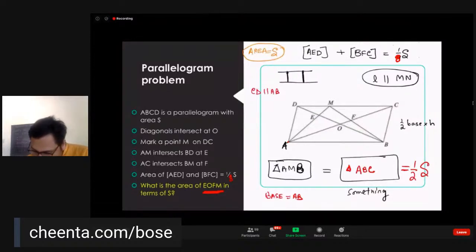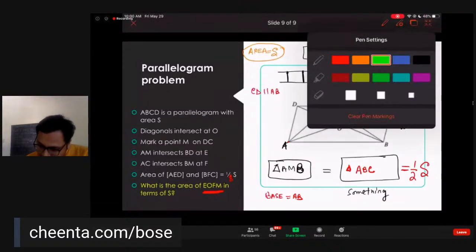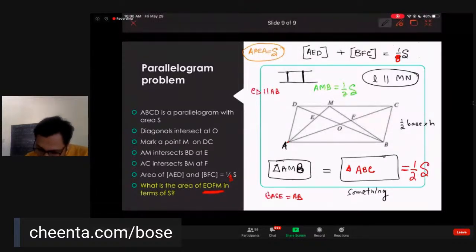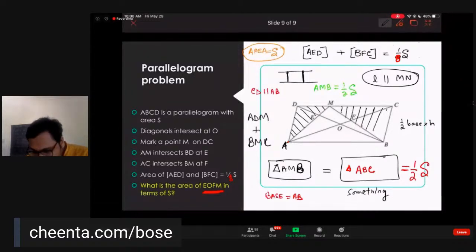So the area of AMB is half of S. What is the area of ADM plus BMC?